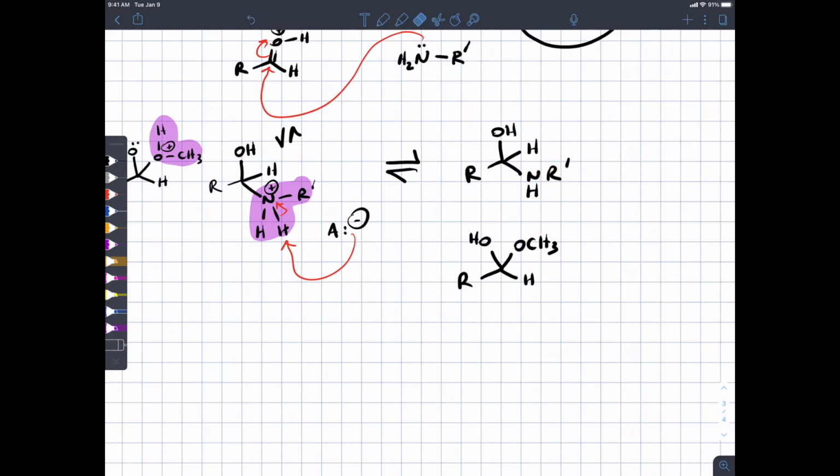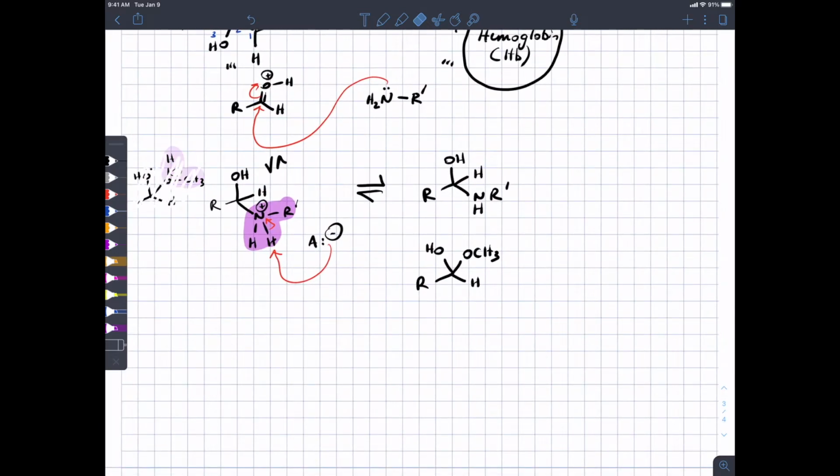Now, because that's an amino group instead of a methoxy group, we're not going to call that a hemiacetal. Your text calls that a carbonyl amine with an amino group and an alcohol attached to the same carbon. You could call it a hemiaminal.